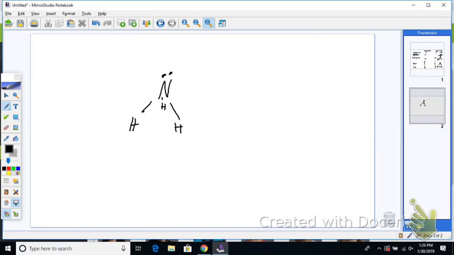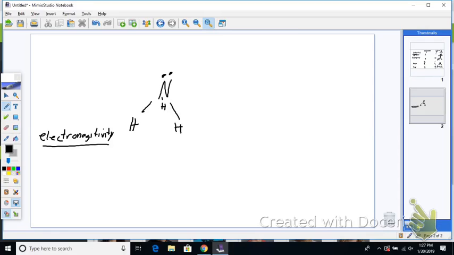So, I'm not going to have you do it, but there's this thing called electronegativity, and you can look it up. It's on the periodic table, and it describes the sharing that will take place between 2 bonded elements.